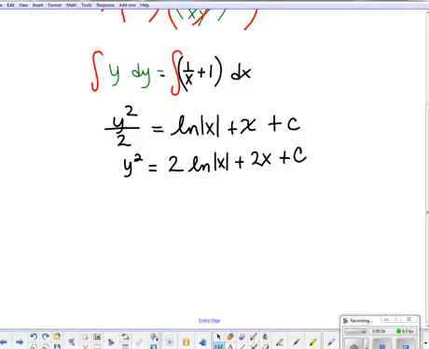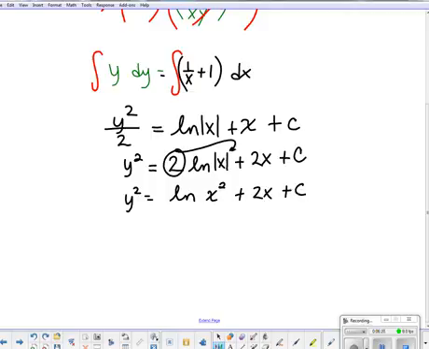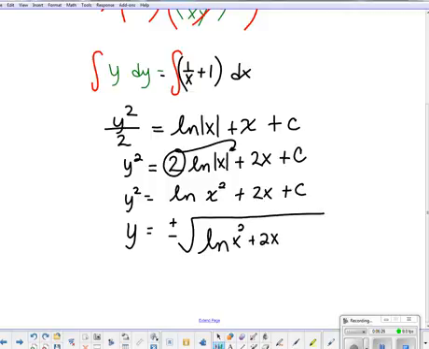This 2 out front of the natural log, why don't we restate that and bring that back up as a power to x, and then I can remove my absolute values since squaring x will result always in a positive value. And then I can say y is equal to plus or minus the square root of natural log x squared plus 2x plus c. And that finishes that problem. The third problem.